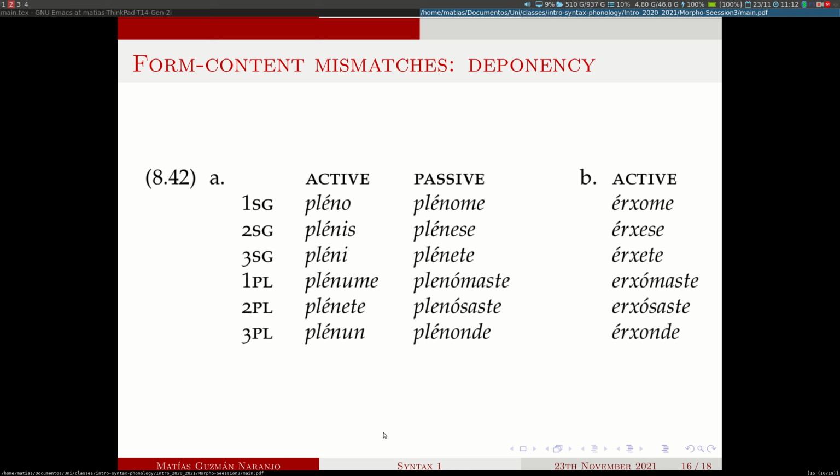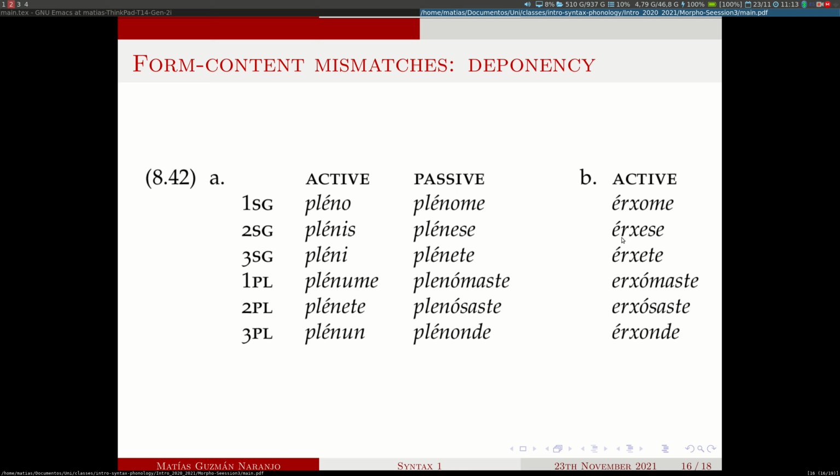There's a situation called deponency. Deponency is relatively rare. It happens in Latin and Greek famously. This is Greek. Basically, most verbs inflect this way with an active form, with the suffixes o, is, i, ume, ete, and un, and a passive form, which is ome, esse, ete, and so on. However, some verbs use the canonically passive forms of other verbs, but with the active meaning.